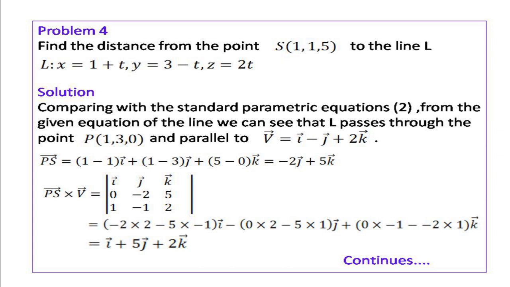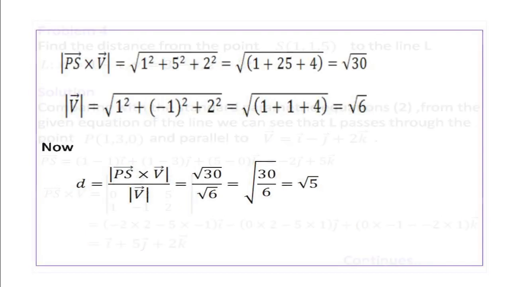So, vector PS cross vector V equal to determinant vector i, vector j, vector k, 0, minus 2, 5, 1, minus 1, 2. Expanding the determinant and simplifying, we get vector PS cross vector V equal to vector i plus 5 vector j plus 2 vector k.